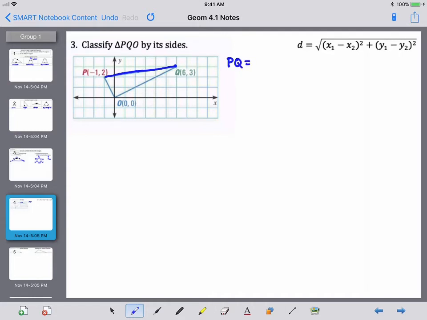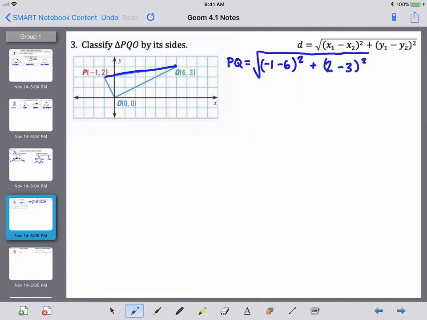For the length of PQ, we take the difference in our x's, which in this case is -1 and 6, and square that. Then we add the difference in our y's, which from P to Q is 2 minus 3, and square that. At the end, we take the square root of that entire thing.